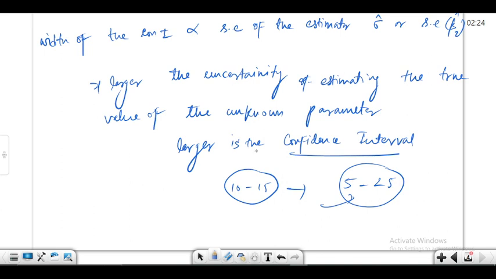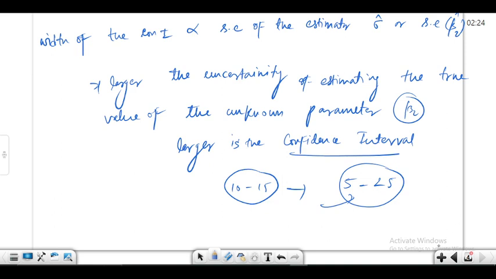Okay, so the lower the uncertainty around estimating the true value of the unknown parameter, that is beta 2 in this case, the better my confidence in estimating the value of it. So I hope this is clear.